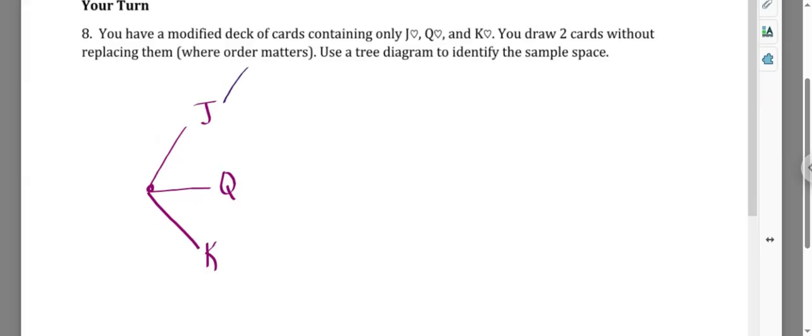So you're left with only the Queen and King to pick from, the Jack and King from there, and the Jack and Queen here.